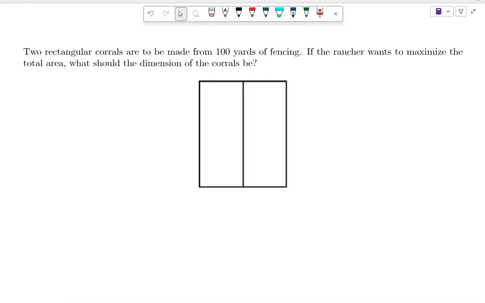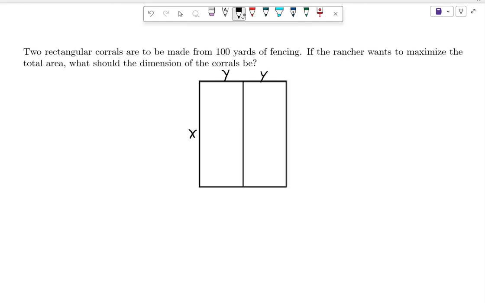Right now, I need to know dimensions. I need to know 2 things, right? So I'm going to put 2 variables on here just to help me out. Say that distance is x, and just to keep things a little bit simpler, let's say this dimension is y, so that I can have a y and a y side by side, rather than trying to divide it in half later.